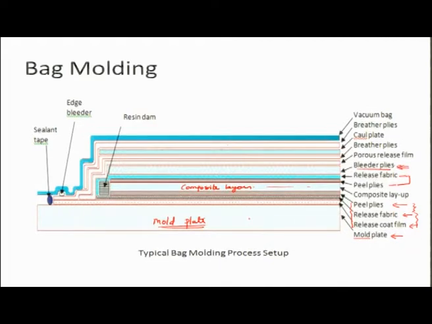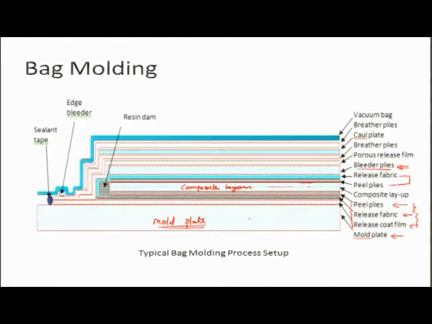The bleeder ply is like a layer of, I will not call it cotton, but it looks like cotton. It absorbs this extra flow, but the flow goes through the peel plies and release fabric. These peel plies have a good finish, so the top surface finish is also ensured.